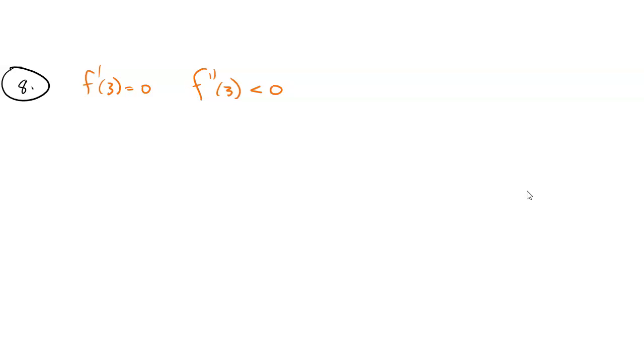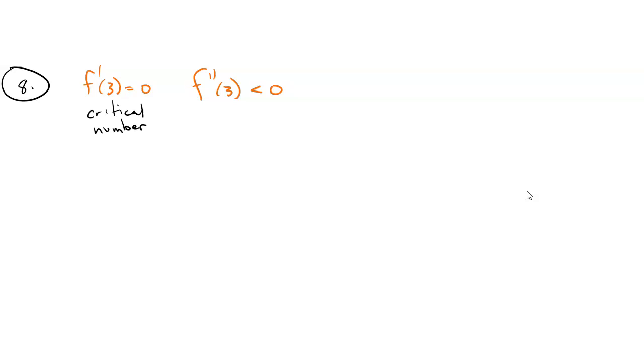Slope is 0. Do you remember what happens when slope is 0? True. Do you remember what this is called? Yep, critical number. I didn't give you the point, so this is a critical number.